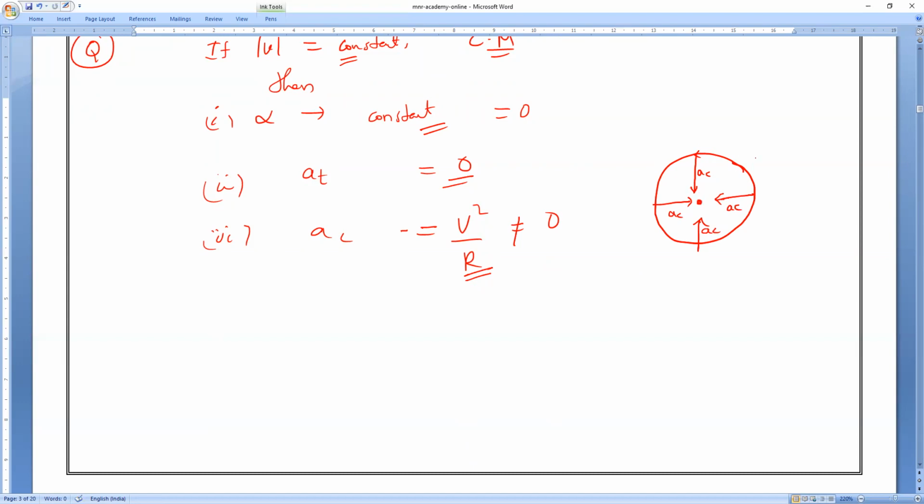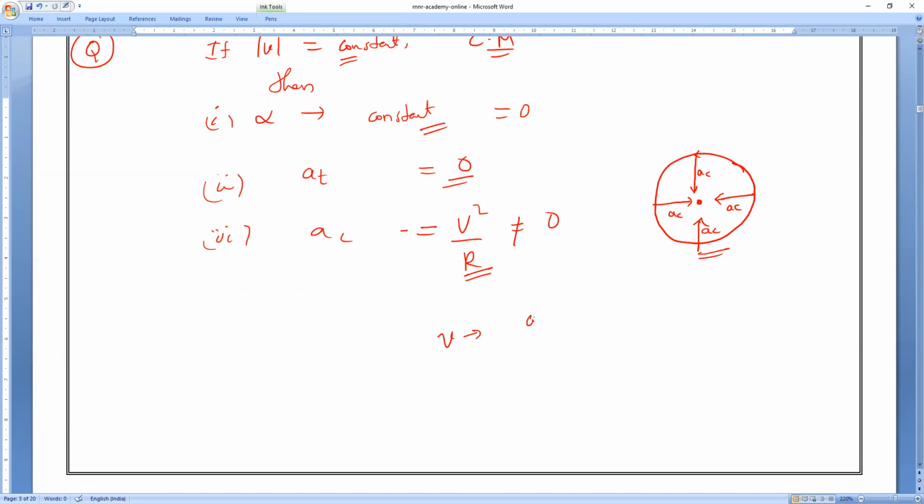So if the body is in circular motion, definitely one acceleration is always present for the body. That is what we call centripetal acceleration. Always keep it in mind.